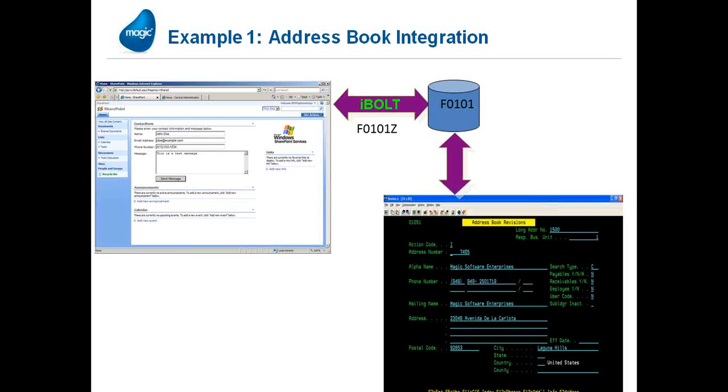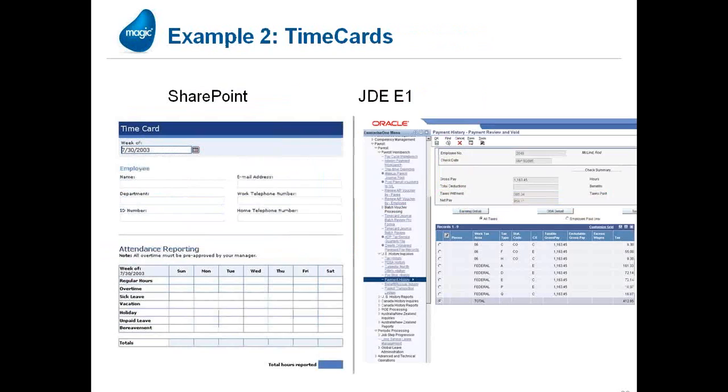It's accessing the F0101 data table and providing contact information bidirectionally from JD Edwards to SharePoint, or you may have users entering new contacts in SharePoint that you want to synchronize to the back-end master item database or with the F0101 table.